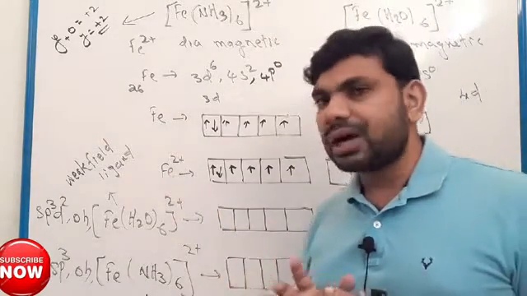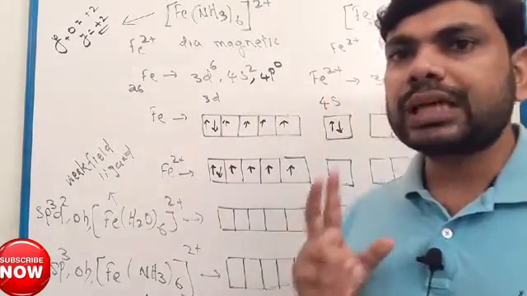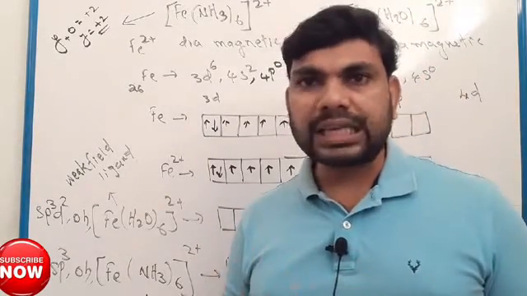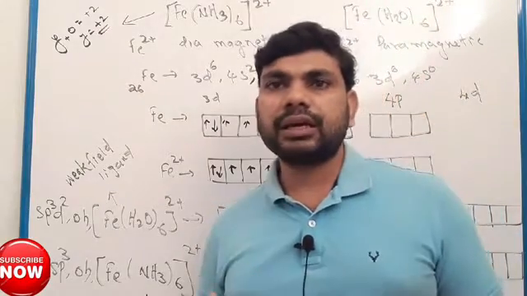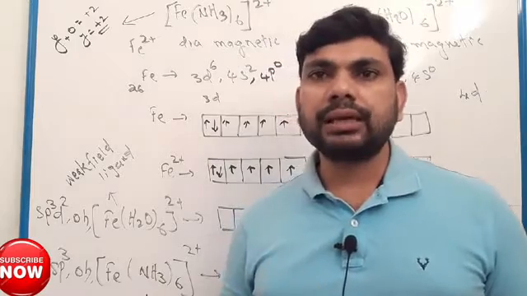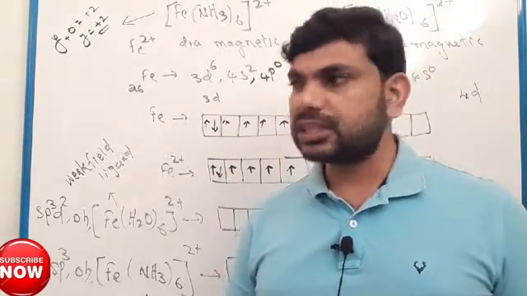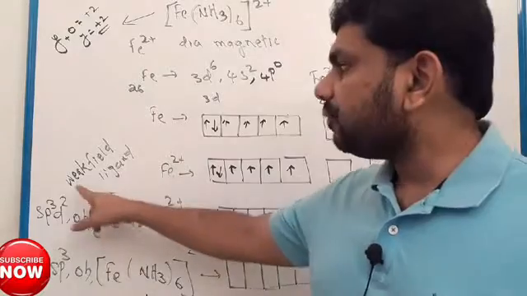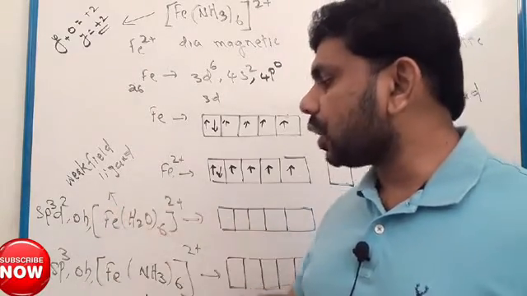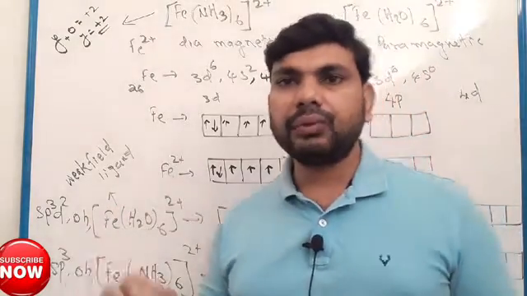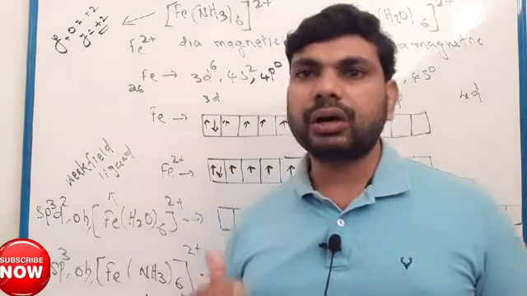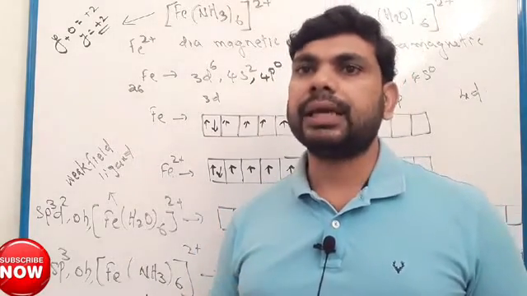Here you have to understand there are two types of ligands. In valence bond theory, we have to understand there are two types of ligands: weak field ligand and strong field ligand. I will give you more details about strong field ligand and weak field ligand.